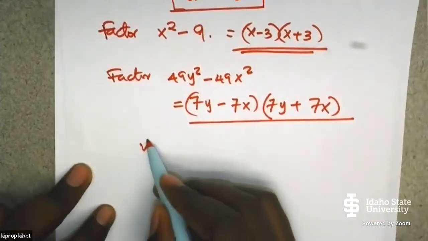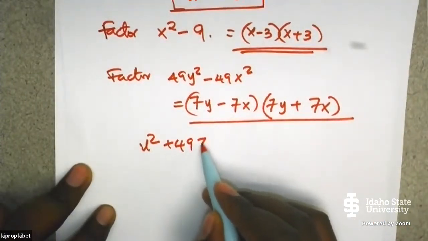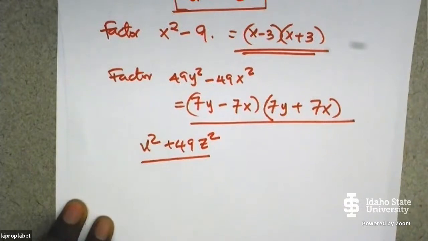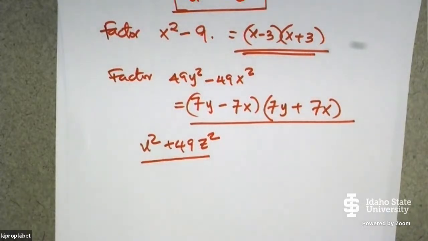Factor this one: u squared plus 49z squared. Without solving, what is the answer?